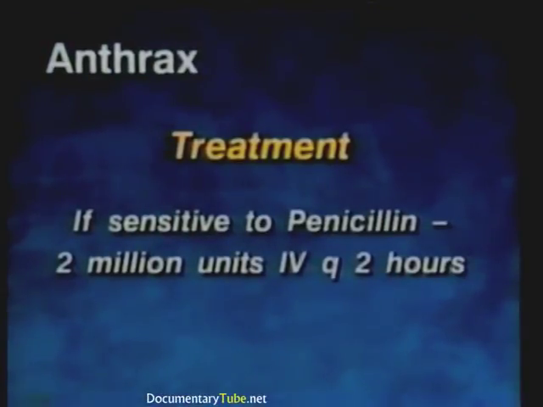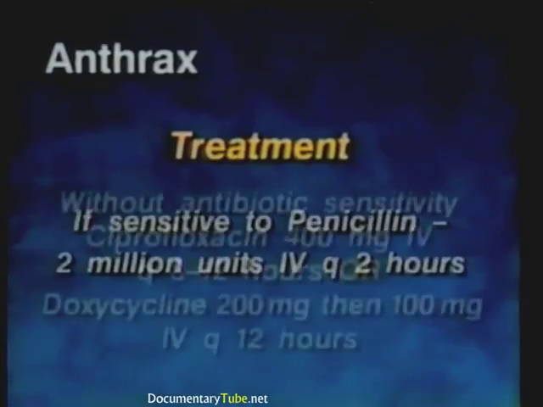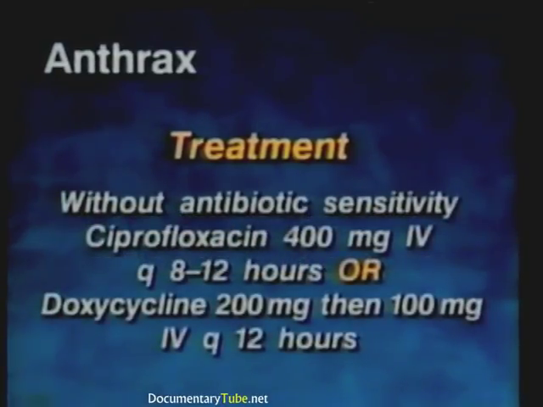Here we're talking about 20 to 24 million units of penicillin a day. However, if it's a penicillin-resistant organism, or if you don't know the sensitivities, we would recommend a fluoroquinolone or a tetracycline given intravenously to manage this disease.